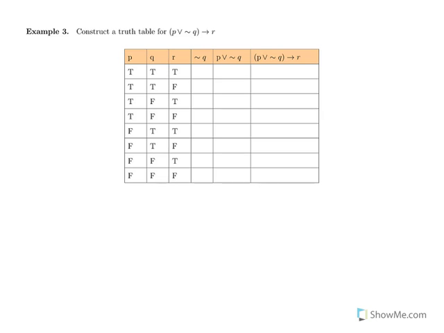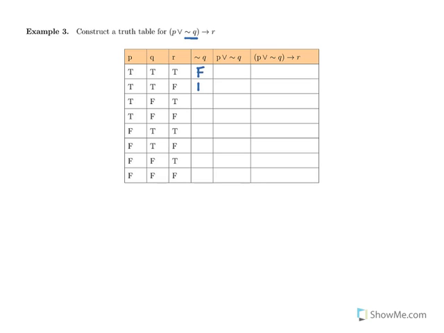So let's do a big truth table using this conditional. Construct a truth table for P or not Q implies R. There are three simple statements there, P, Q, and R. So we have our 8-row truth table organized in the fashion we talked about: 4 trues and 4 falses, 2 trues, 2 falses, 2 trues, 2 falses, and then alternating true, false for R. We're going to first build this P or not Q. That means we have to deal with not Q first.